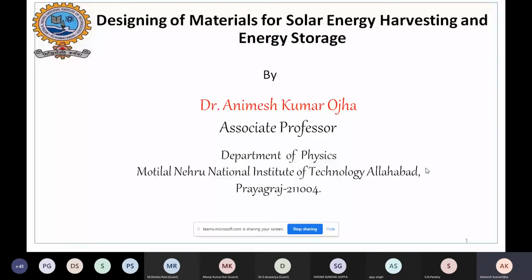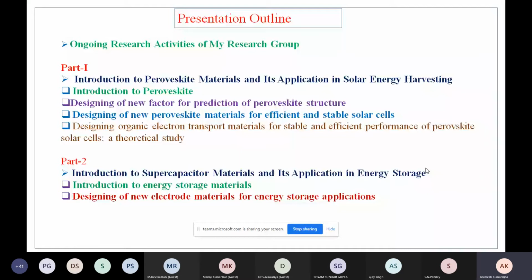So let's begin. Before going into detail, I have a slide that shows the presentation outline, and one slide just to tell the audience what is currently being done in my research group. Then I'm going to talk about the perovskite solar cell, which is a solar cell that harvests sunlight and converts it into electrical energy.